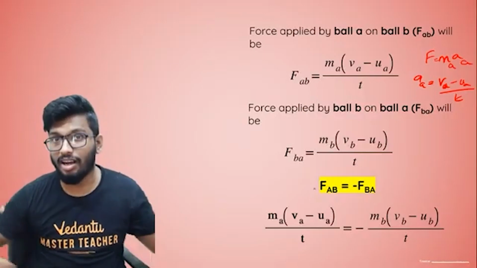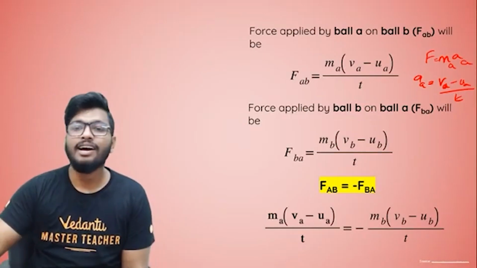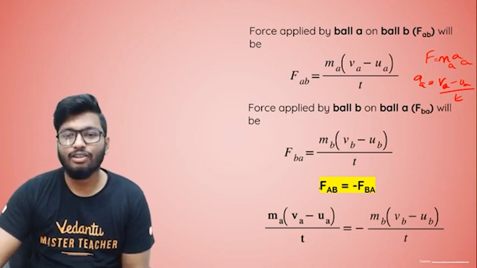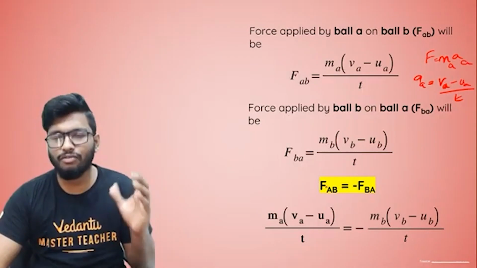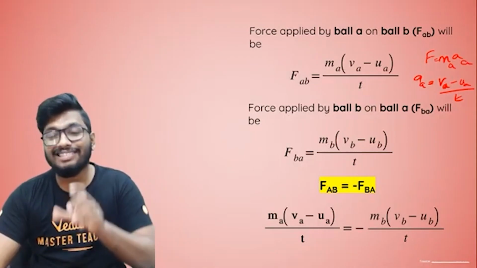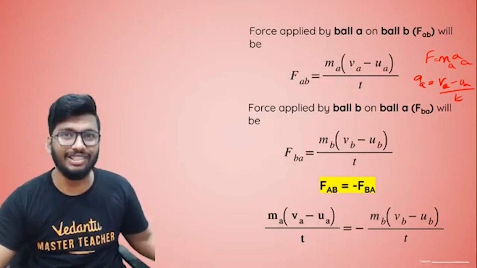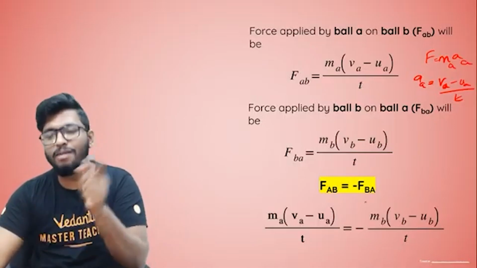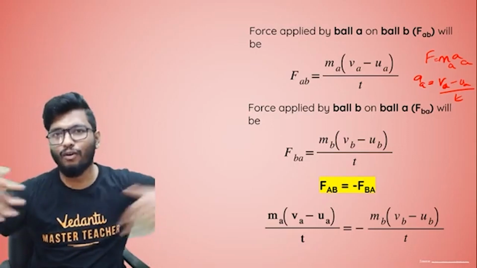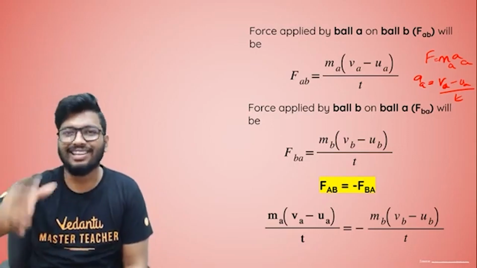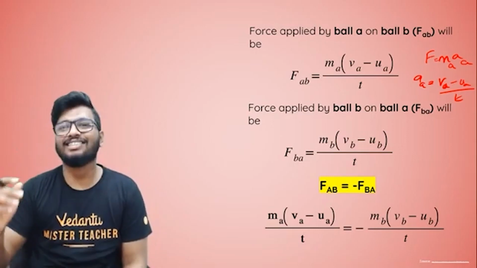Now here's the thing, guys. The forces exerted by the first body and the second body are equal in magnitude but opposite in direction. So the second force will be minus FBA, because force is a vector quantity and FBA is in the opposite direction.